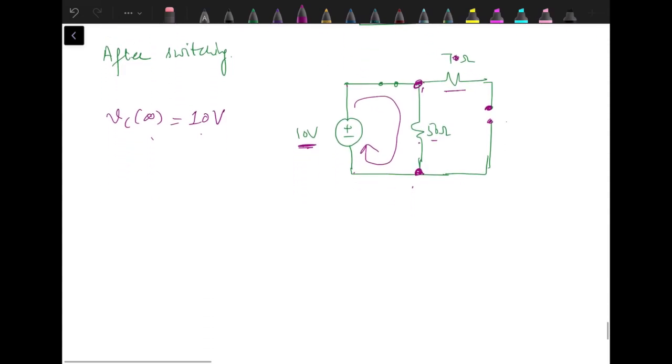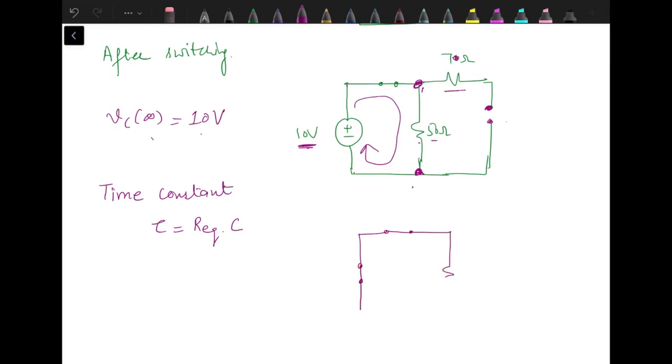So the last step is we need to calculate time constant tau, which is R equivalent into C. For time constant, the voltage source has to be replaced by a short circuit. 50 ohm, 70 ohm, R equivalent.